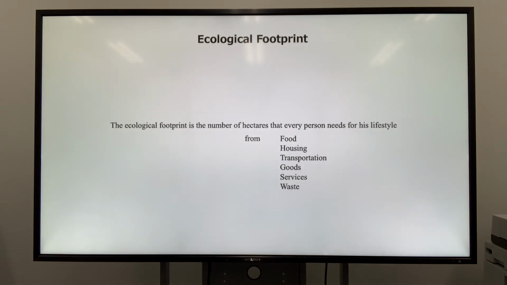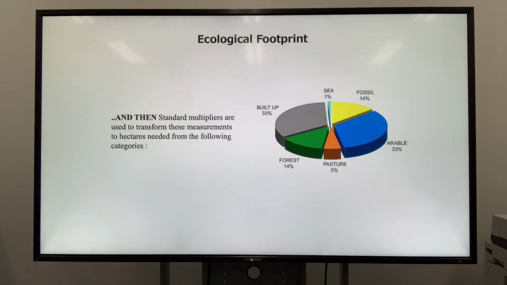Our lifestyle can be understood in terms of different components, which are food, housing, transportation, goods, services, and waste. And then these things are translated into CO2 emissions, and then again into hectares of land.